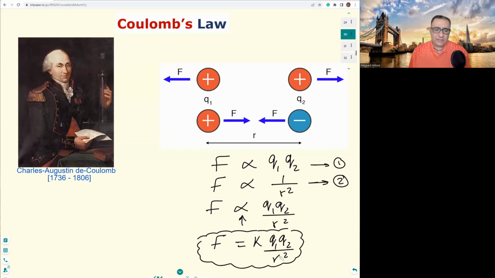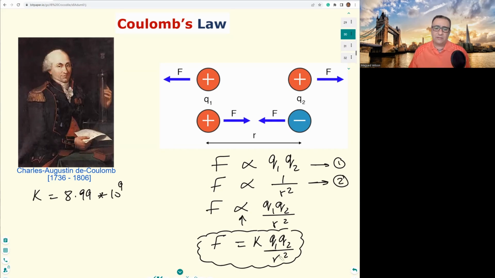Now let's talk a little bit about K, Coulomb's constant. By the way, Coulomb himself did not find or discover the constant. It was actually done by Gauss and Maxwell, who continued the work after Coulomb's results, and they found the theoretical constant to be 8.99 times 10 to the power of 9, and it is in your data booklet.